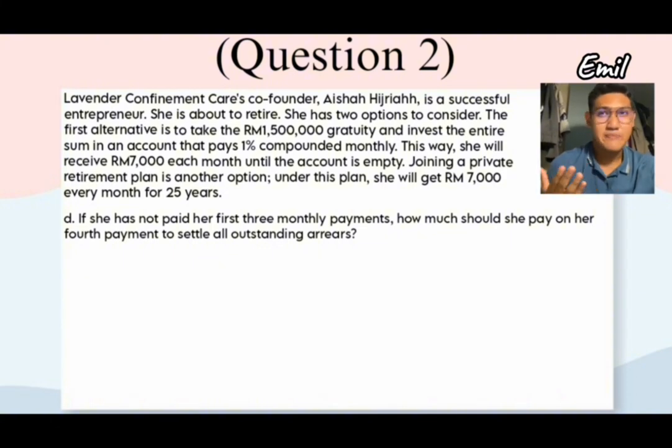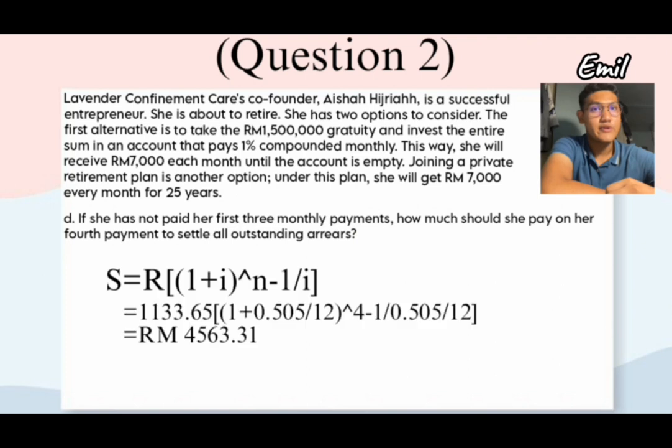So we move to D. If she has not paid her first 3 monthly payments, how much should she pay on her fourth payment to settle all outstanding arrears? So we're going to use the formula S equals R, open the big bracket, open bracket, 1 plus i, close the bracket, to the power of n, minus 1, divide by i, and then close the big bracket.